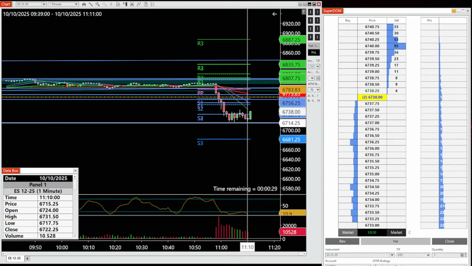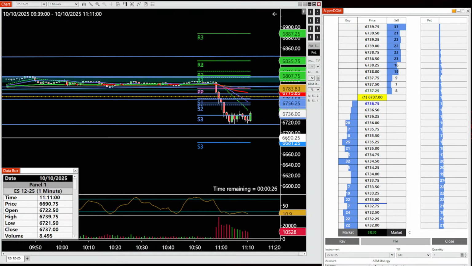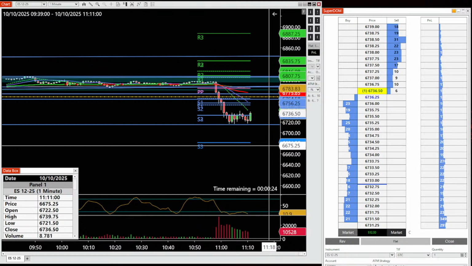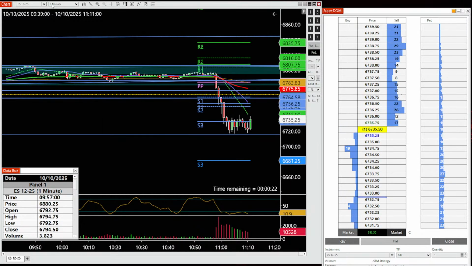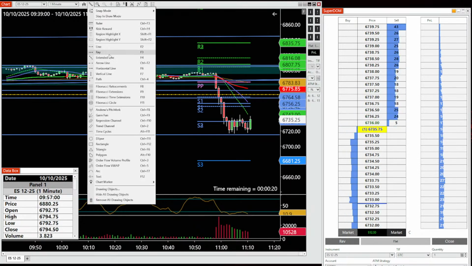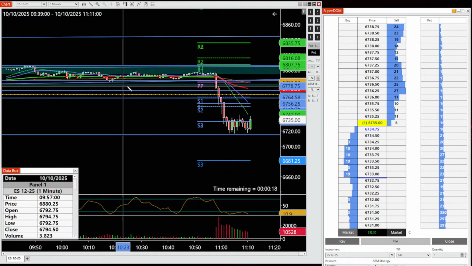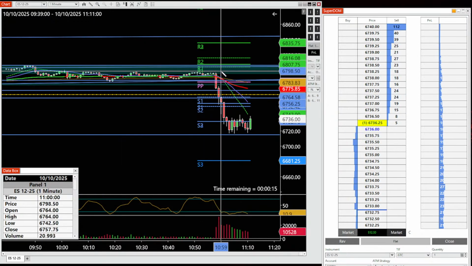Okay, looks like we could have a bottom in. Let's see something. Fibonacci retracements. May not.